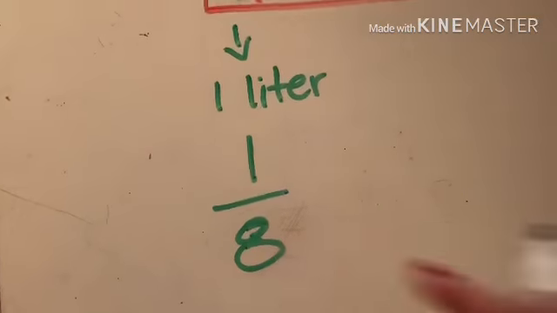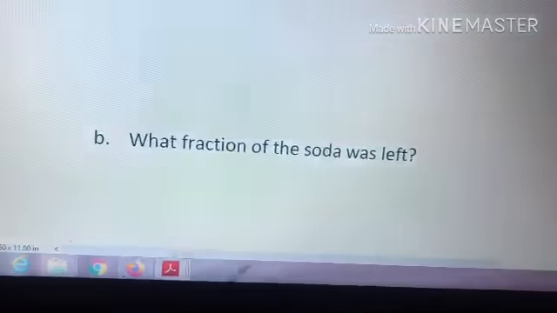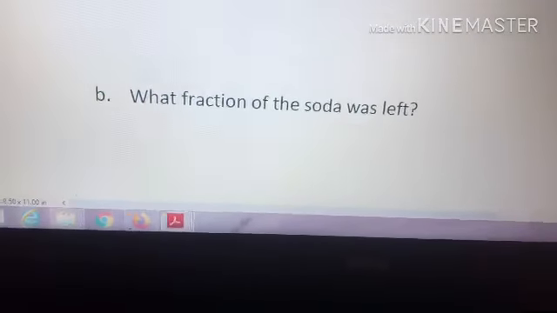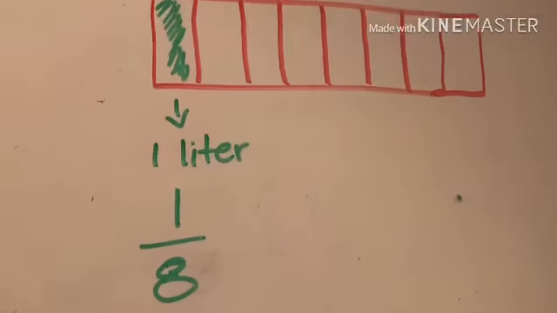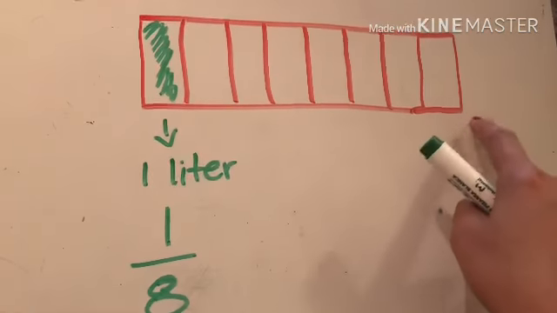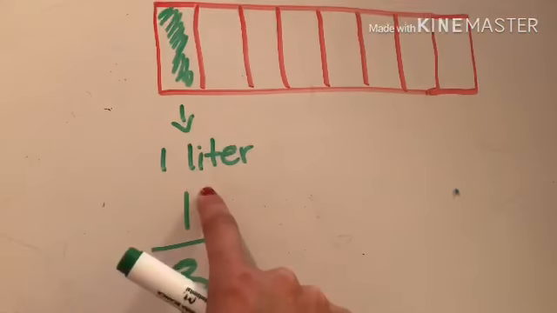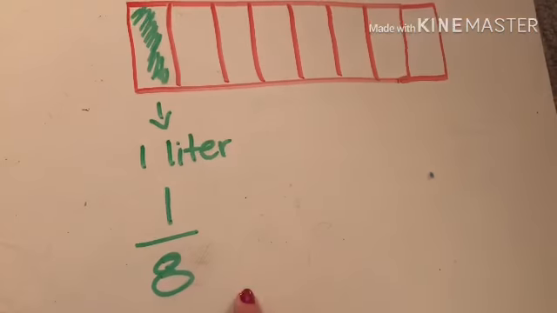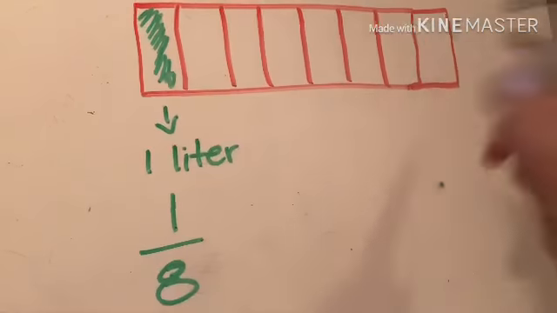So far, so good. Now, the B. It says what fraction of the soda was left. So here we get back to our model, and we have 8 whole liters, correct? And 1 liter was taken, it was drunk by the guests. How many do we have left?